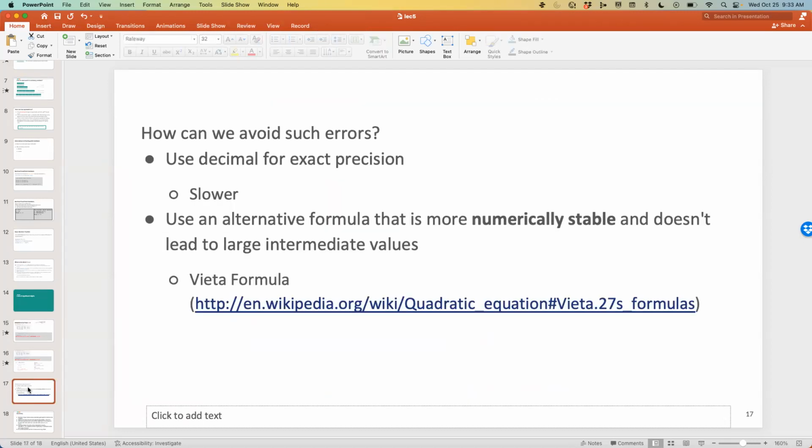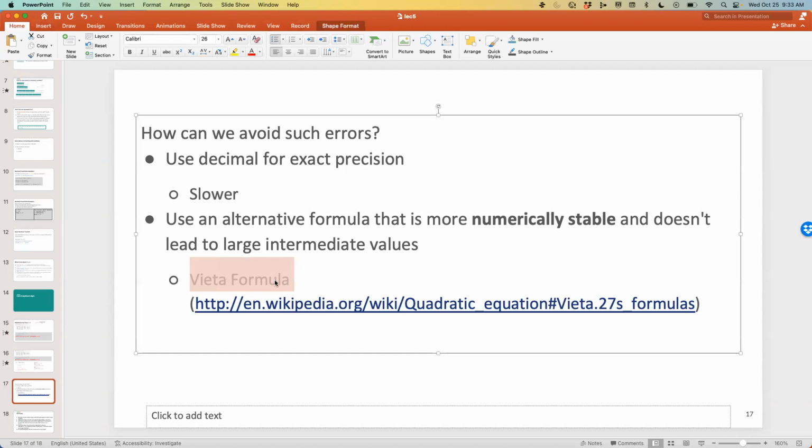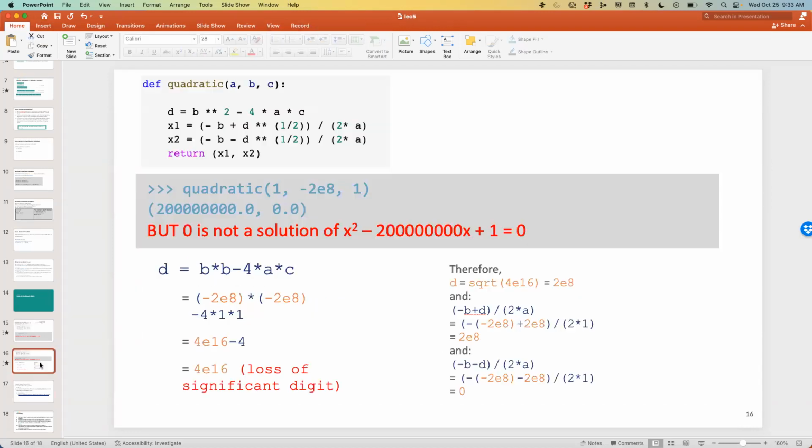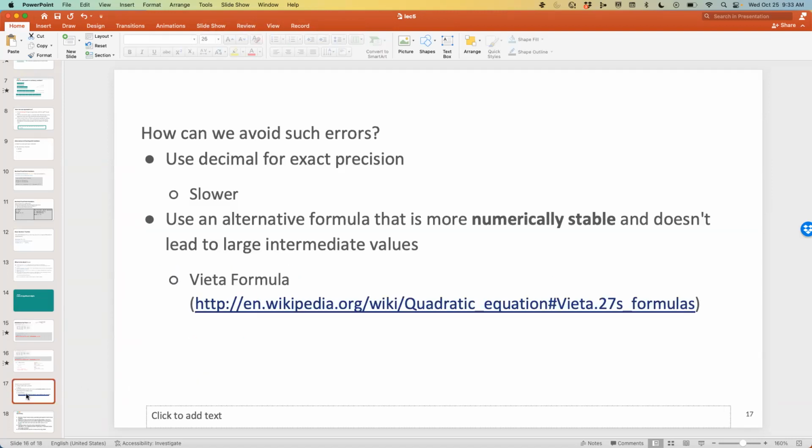So mathematicians have come up with a different formula that is more numerically stable, called Vieta formula. It doesn't lead to large intermediate values. We don't want the intermediate value, which is b squared minus 4ac, to be large, because when it's large, you get the loss of significant digit error. Vieta formula specifically deals with this case, which is what they call numerically stable.